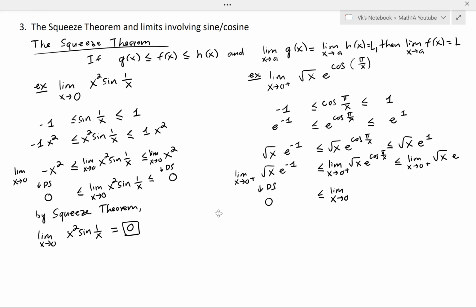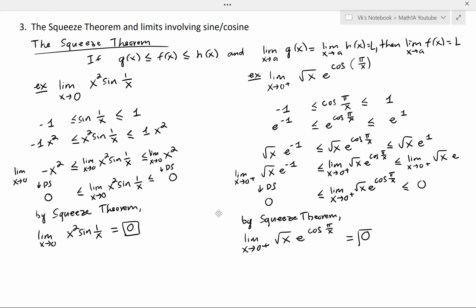Similarly, on the right side it's also 0. So by the Squeeze theorem, the limit as x goes to 0 from the right side of root x e to the cosine of pi over x is 0. Amazing.